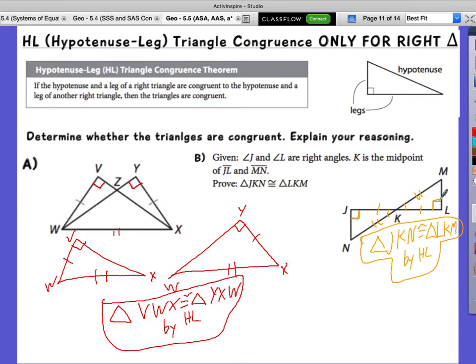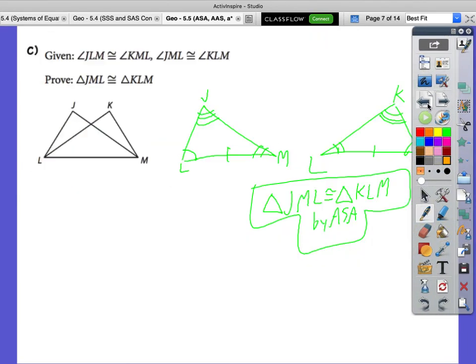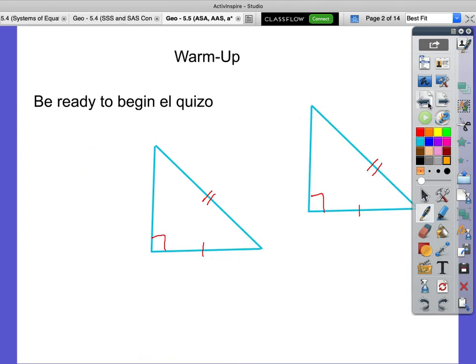So let's talk about some that might not work. We talked about a bunch of them that did work. Let's talk about a couple that might not work. Let's say we don't have a right triangle. We no longer know that this is the right triangle.